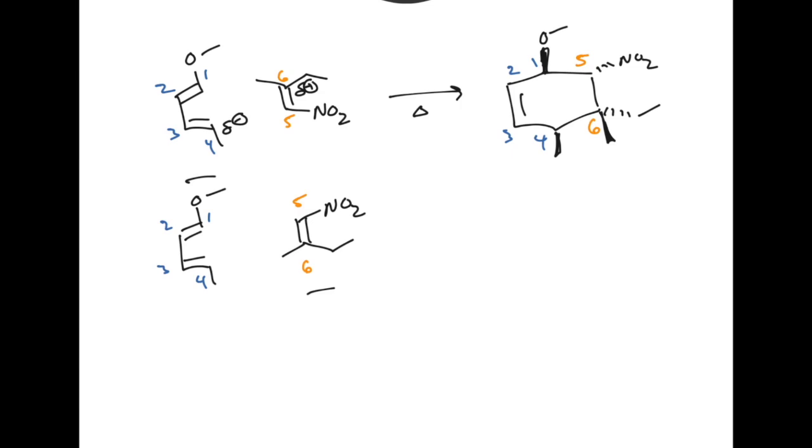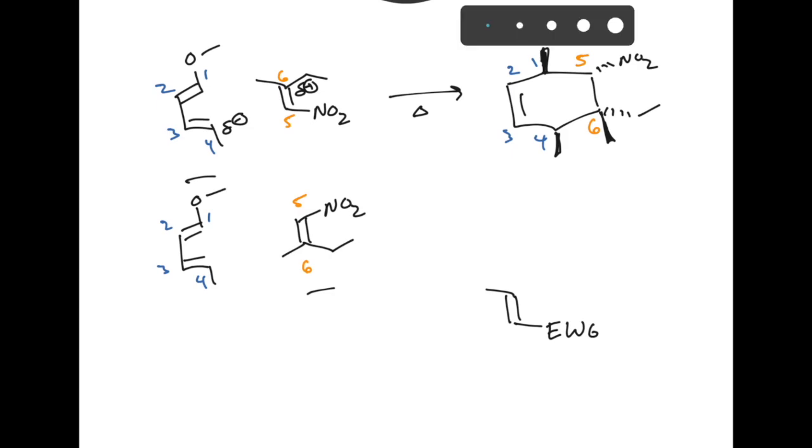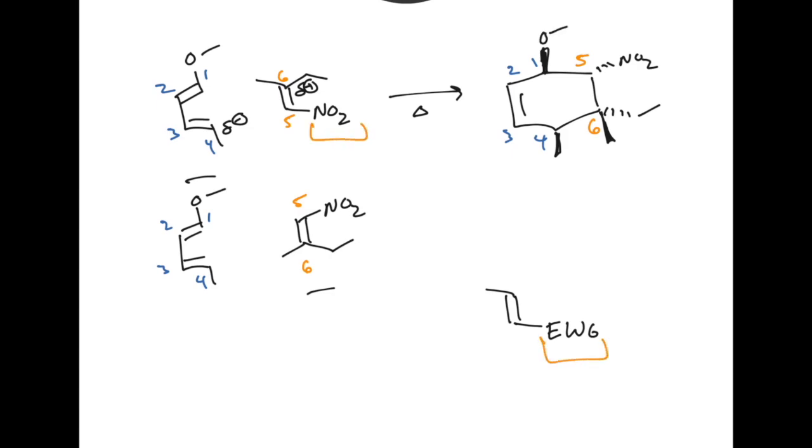Yeah. So the way you know that your carbon 6 or whatever is partially positive is you identify your electron withdrawing group, right? And the carbon on the opposite end of the double bond from that electron withdrawing group is always going to be partially positive.